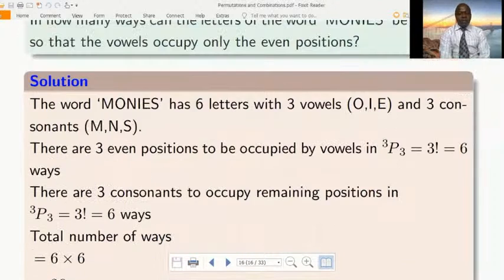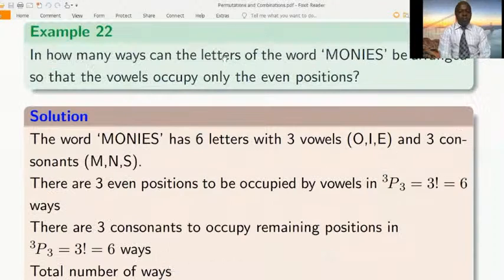There will be 6 ways times 6 ways, because it depends on how you arrange the consonants and also the vowels. For instance, look at this. I can have M begin, followed by this.